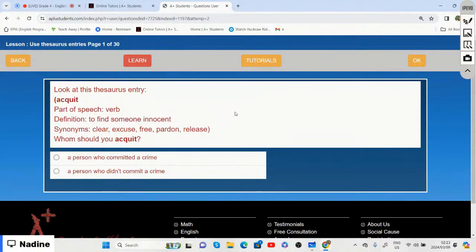All right. So now it says we need to specifically look at the entry that we see in front of us. We have acquit. The part of speech is a verb. The definition is to find someone innocent.